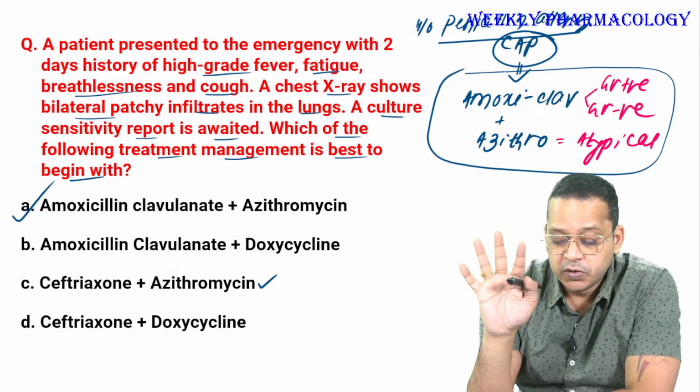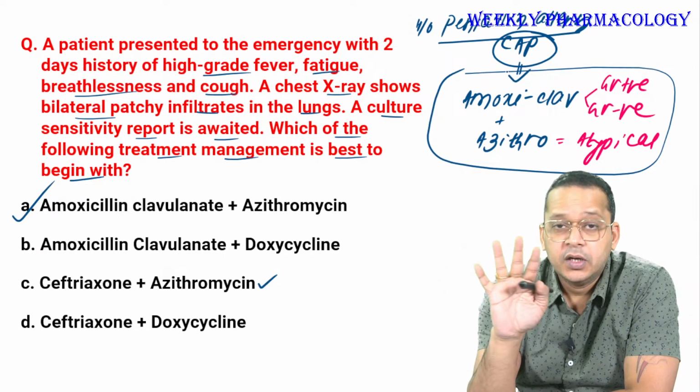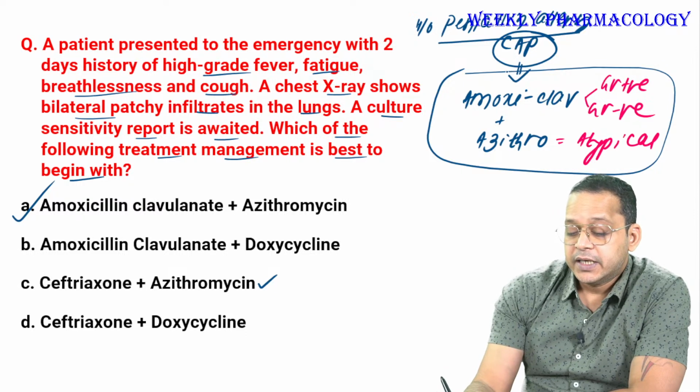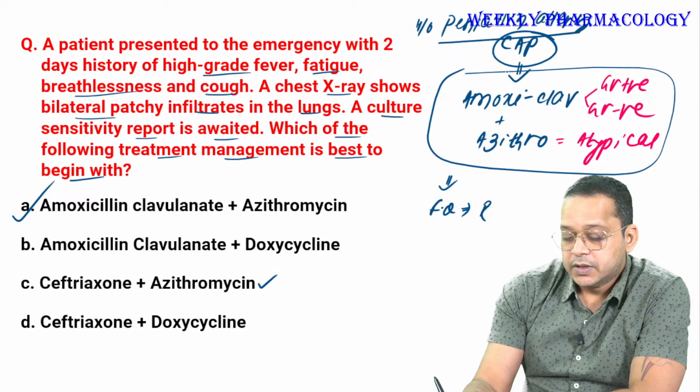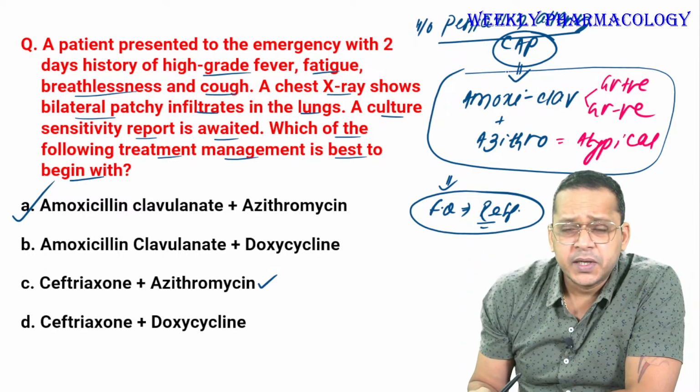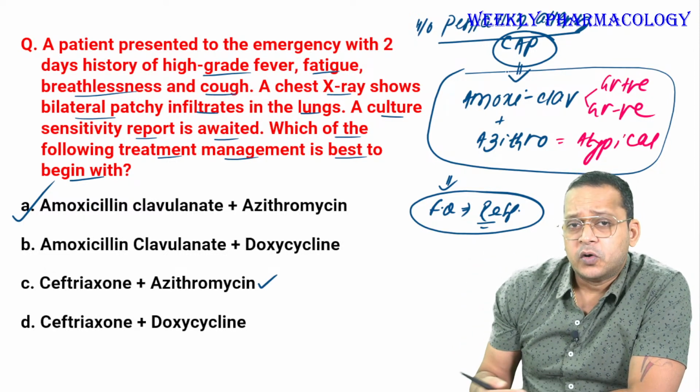If the patient is not able to tolerate ceftriaxone, then we go for respiratory fluoroquinolones. So even as empirical treatment, you can use respiratory fluoroquinolones if I'm not able to use a beta lactam.